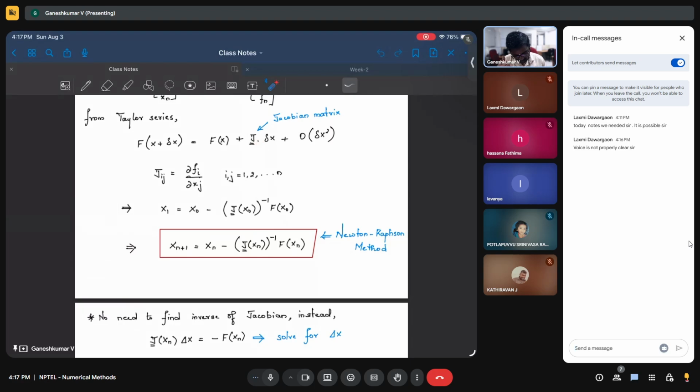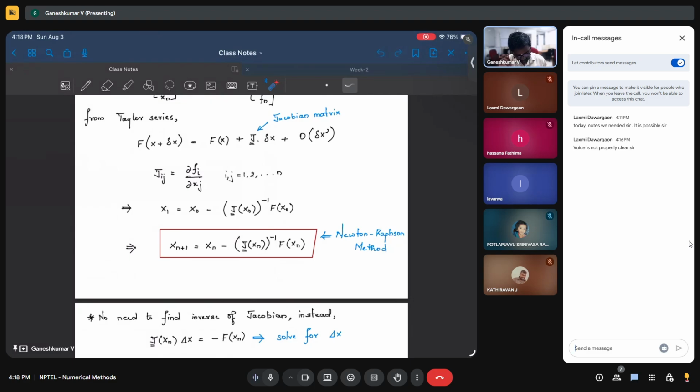This matrix is what we call the Jacobian matrix, and you just rearrange them to get the Newton-Raphson method, which is xn plus 1 equal to xn minus... usually we divide by f dash of xn, right? So here this f dash is your Jacobian matrix, and that comes with an inverse, which is pre-multiplied.